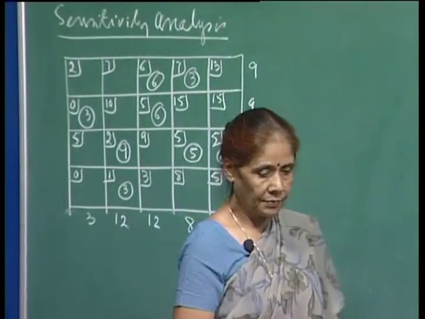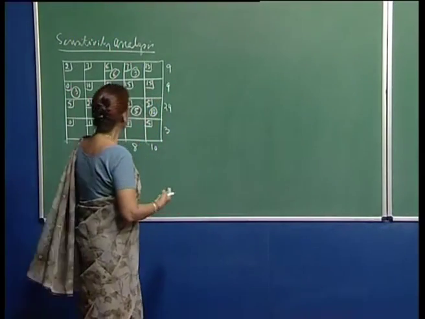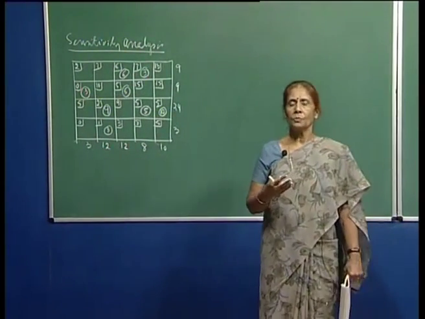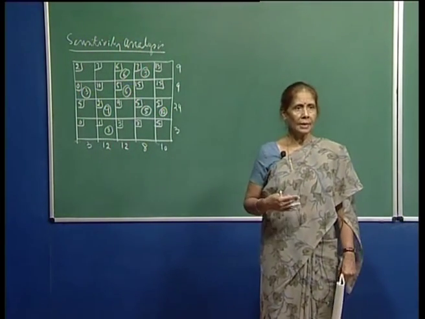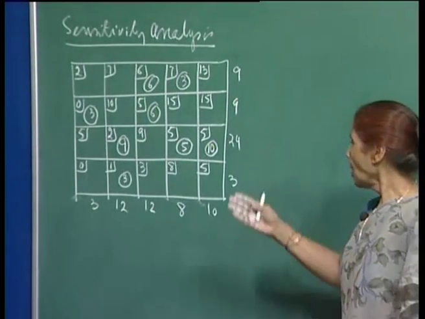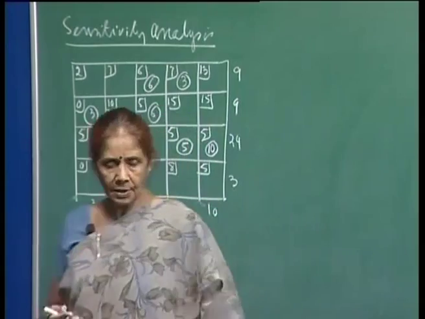The same question that we posed for the linear programming problem in general was, can I find out whether the current solution is optimal for the changes that I have made in the si or dj, one at a time, or can I get a new basic feasible solution which is optimal. So, this is the whole idea.